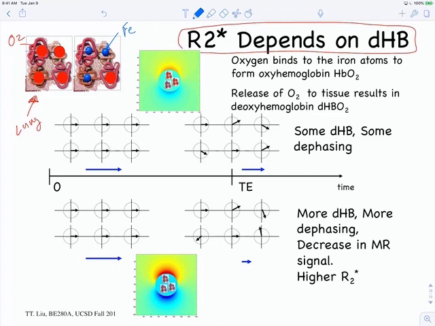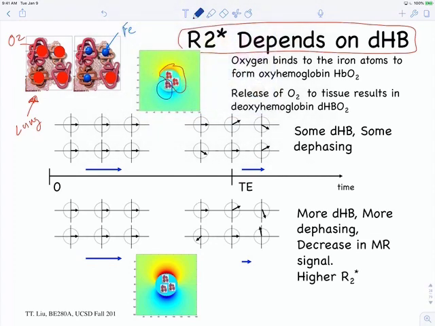All right, and that's the basic principle of fMRI: as those oxygen atoms come off, that shielding of the iron atoms goes away, and so now the iron atoms can perturb the field around them. In this case, up here on the top, all these atoms still have oxygen on them, and so there's only some amount of deoxyhemoglobin on this atom here.